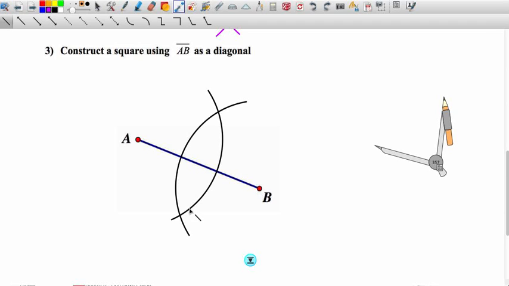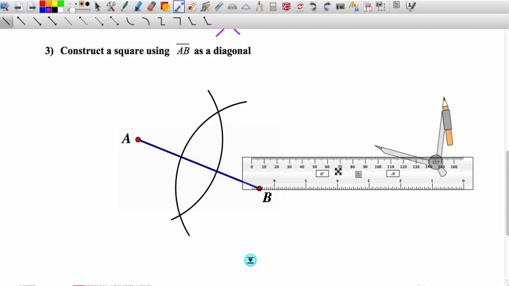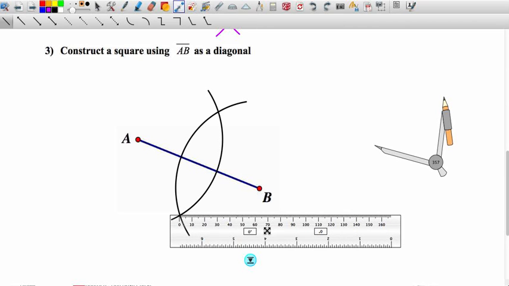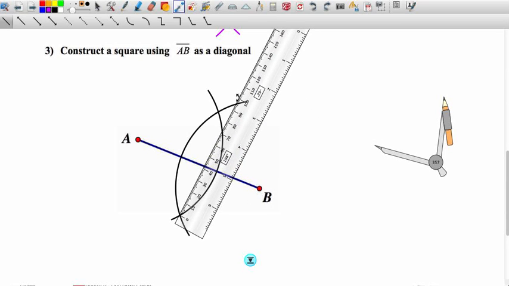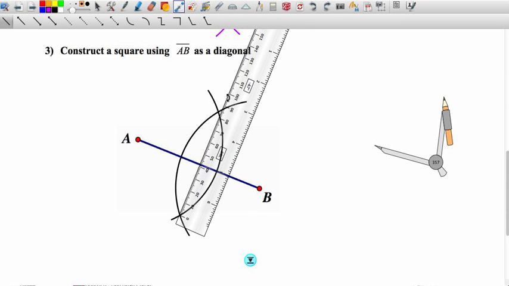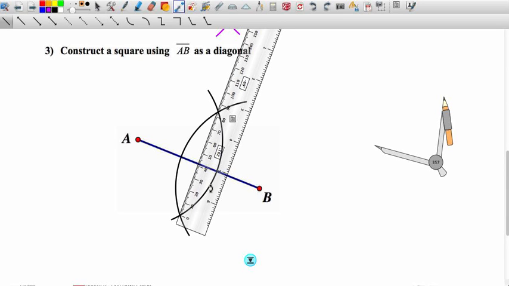Once I've perpendicularly bisected, what I need to do is ensure that the diagonals are of equal length. So I'll just line that up. It's not lining up very nicely.